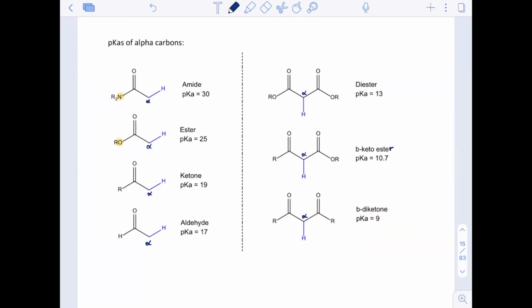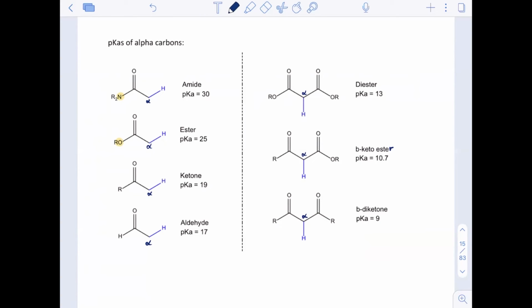Aldehydes and ketones are right down in the middle, around 17 to 19. When we institute resonance between two carbonyls, an alpha carbon sandwiched between a diester or a beta ketoester or a beta diketone, all three of those on the right-hand side have drastically dropped their pKa's.